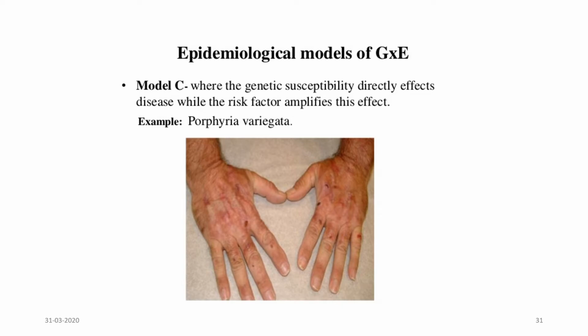Another model where the genetic susceptibility directly affects the disease risk. Porphyria variegata is a metabolic disorder characterized by deficient function of the enzyme protoporphyrinogen oxidase. It's a very important enzyme which converts coproporphyrinogen to protoporphyrinogen, which is important in heme biosynthesis.